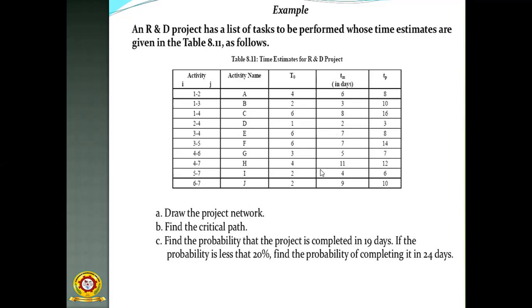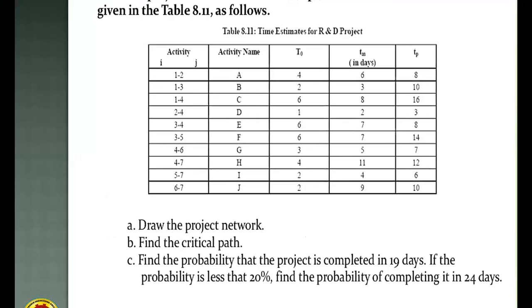For activity 1 to 2, the activity name is A, TO is 4, so optimistic time is 4, most likely time is 6 and TP is 8, that means the pessimistic time.